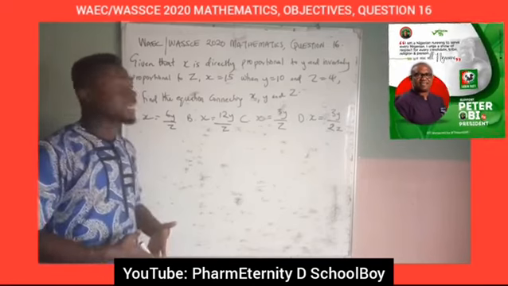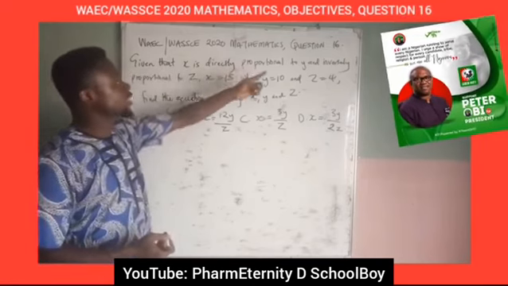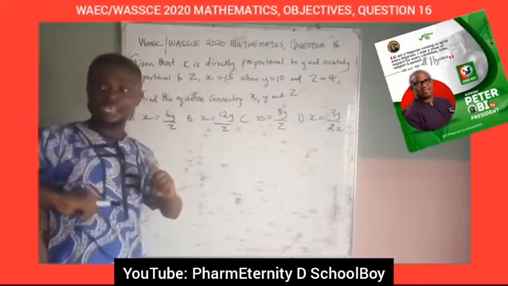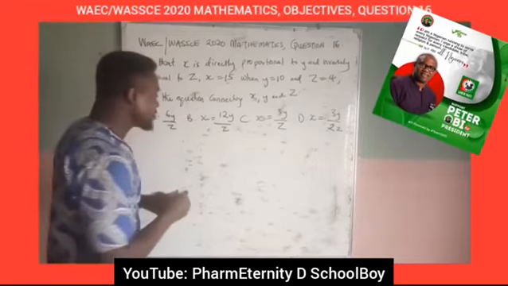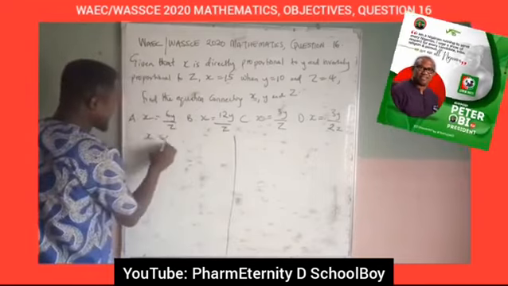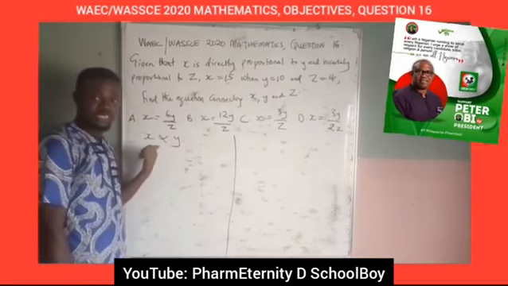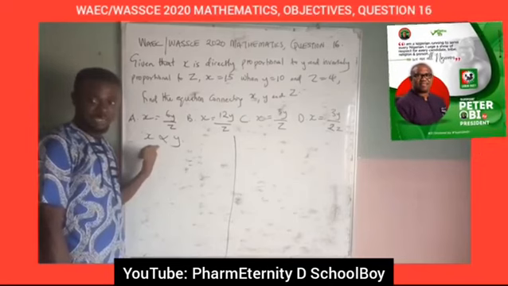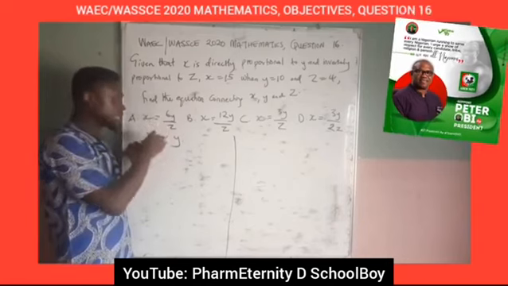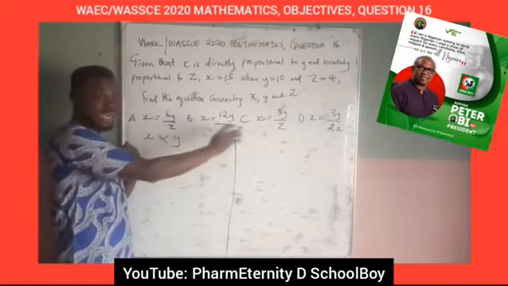Now, when you say x is directly proportional to y, what it means is that as x is increasing, y is also increasing. This is how to represent it. As x decreases, y will decrease. This is direct proportion.